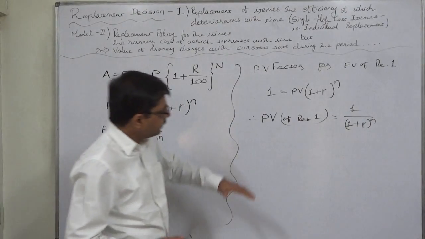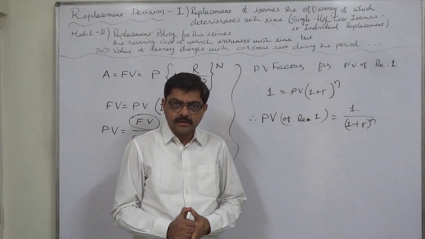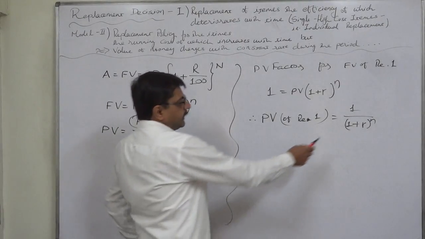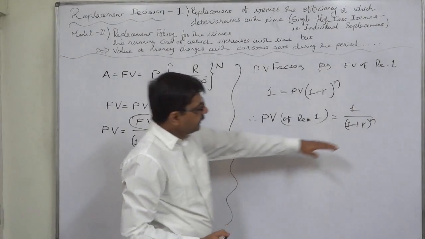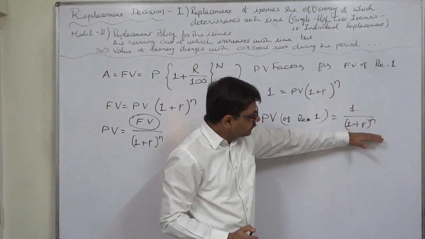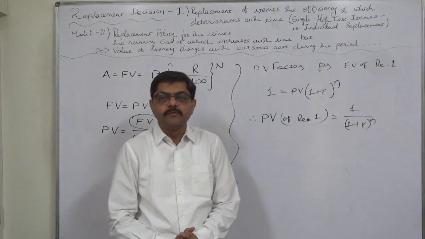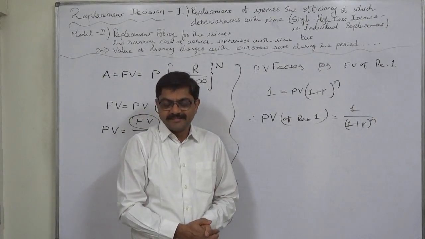And if we multiply the future value of running cost by this factor, the result will be the present value of the running cost. So keep this formula in your mind. We will need to apply this formula to calculate the present value of future running cost in a few case studies. That's it. Thank you very much.